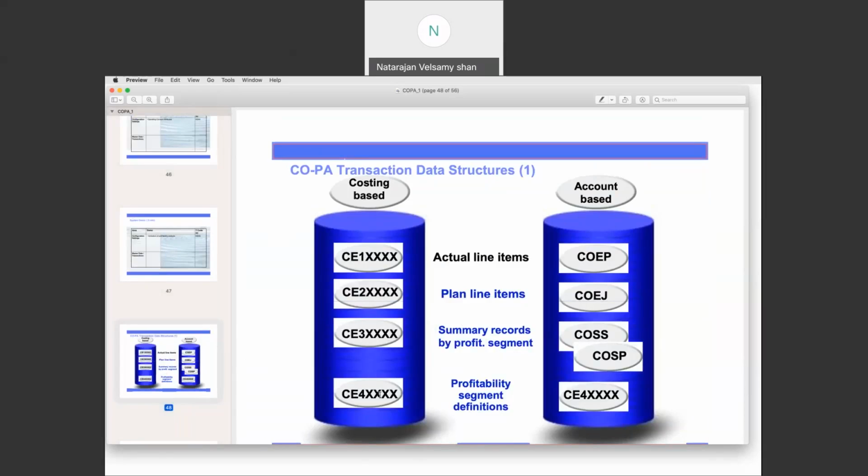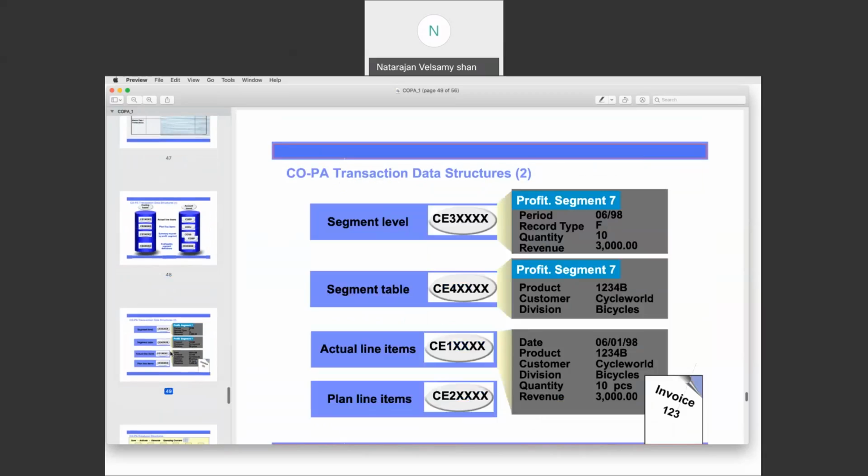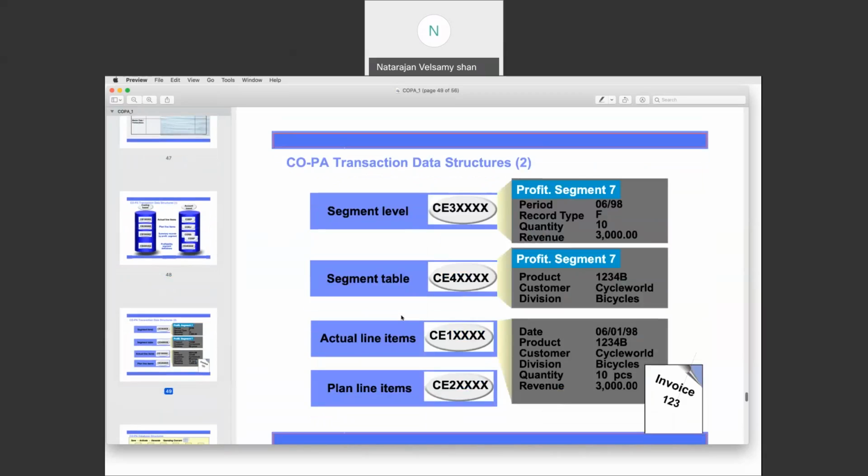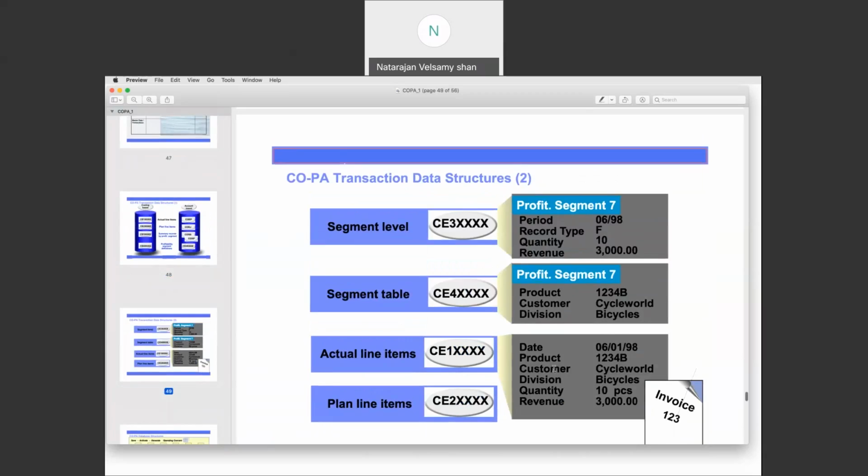CE4 is common for costing-based and account-based. The account-based uses the same tables as controlling: COEP for actual items, COEJ for plan items, and COSS and COSP for the summary of the profitability segment. Once the data is entered, either actual or plan, it is stored in CE1 and CE2. You will define the profitability segment.